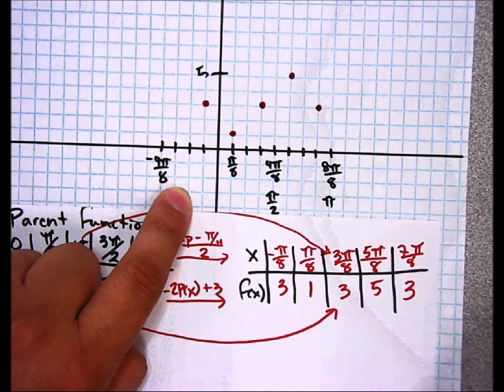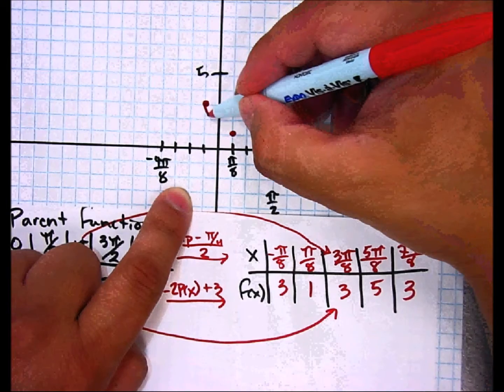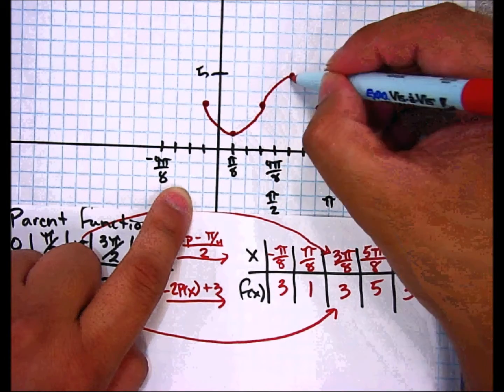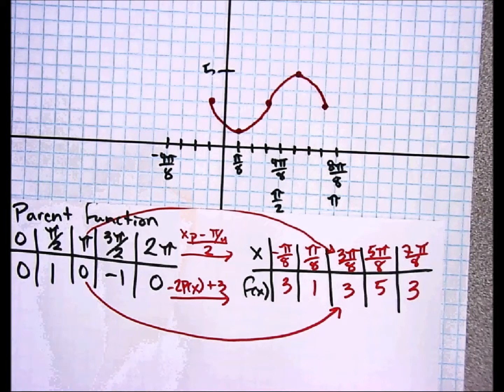Since I know it's a sine function, there you go. There is one period of my function f of x.